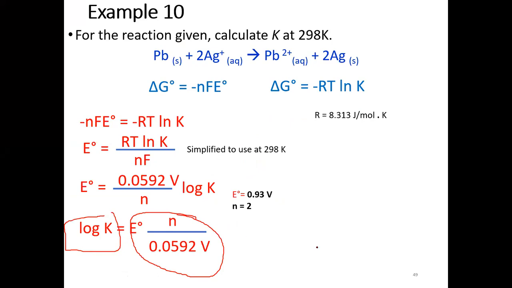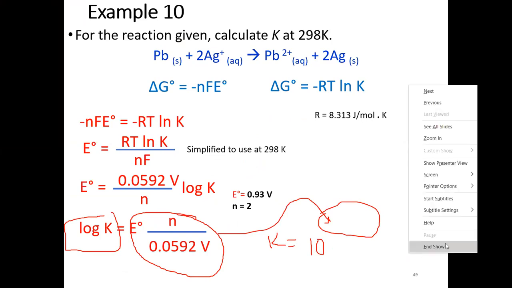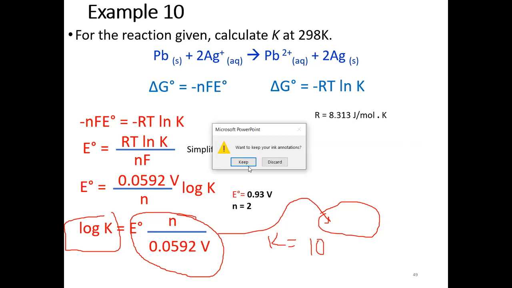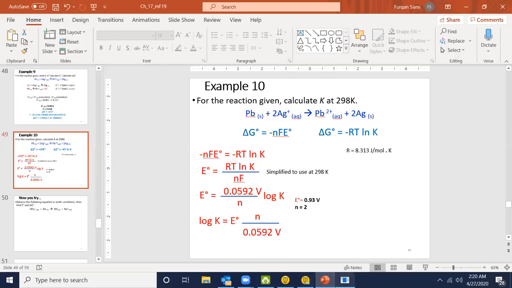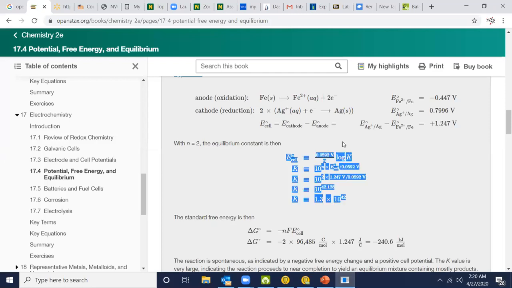If you're going to get rid of the log, then K is equal to 10 to the power of all of that. Whatever you have here goes here, and when you take 10 to the power of all that stuff, that helps you get what you are trying to get. So look at this one here.